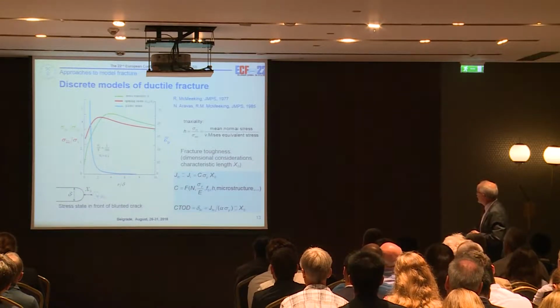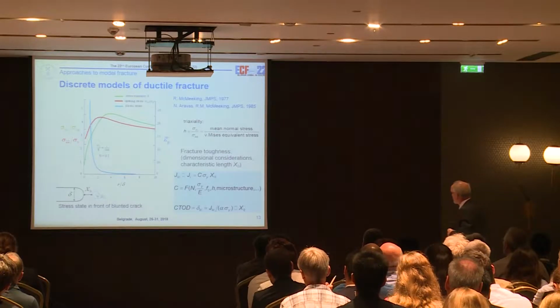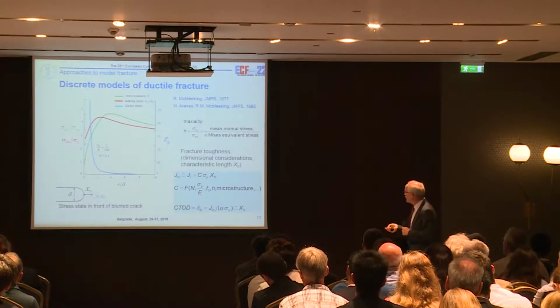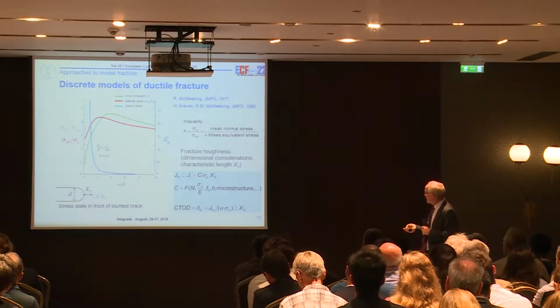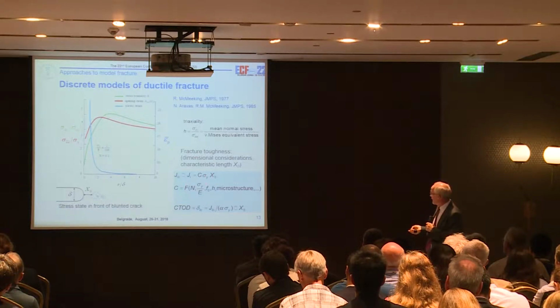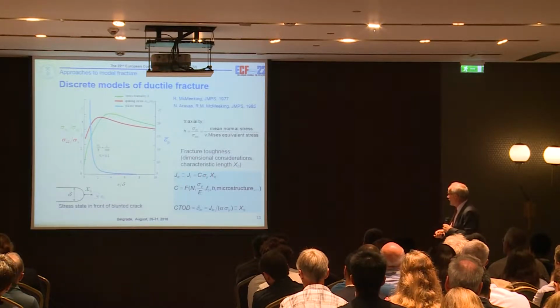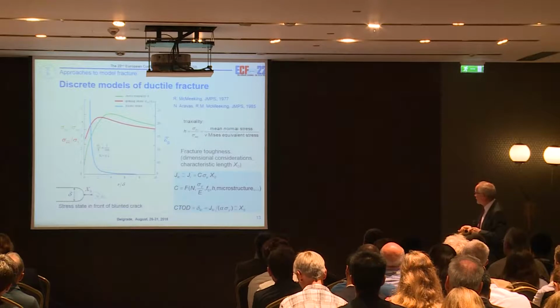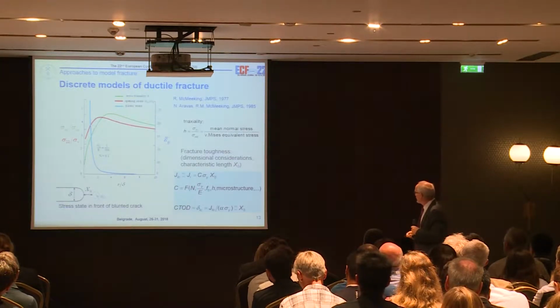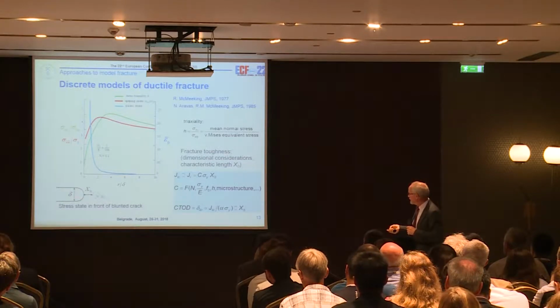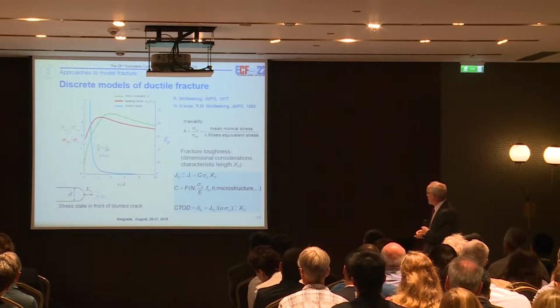And from dimensional considerations, we can argue that the fracture toughness or the initiation toughness must be proportional to the yield strength, sigma y, the initial yield strength. It represents the plastic material behavior, and some distance, a characteristic length of the material, for instance, this distance here.